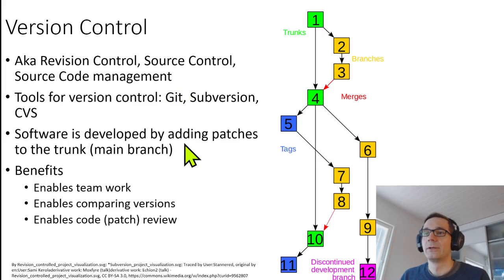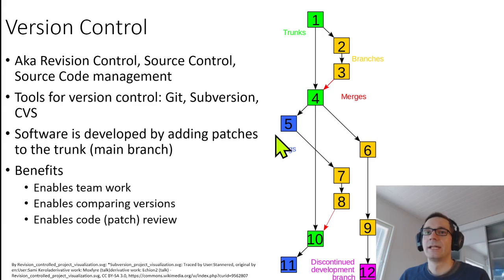Currently, the most popular tool for version control is Git. Before Git, the most popular one was Subversion, and before that it was CVS. So there is a long history of version control and version control tools. They all basically do the same thing.